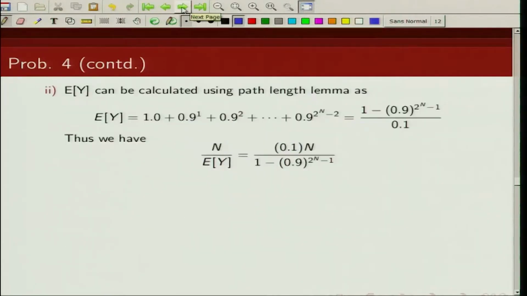Now, the next part of the question was to calculate the ratio of the output code word length to the input expected code word length. How do we find the input expected code word length? We can invoke the path length lemma to find the expected value of y. We know that this is nothing but the sum of probabilities of all nodes including the root node.